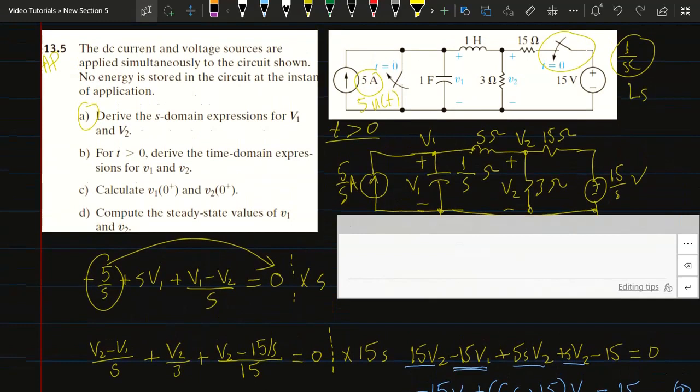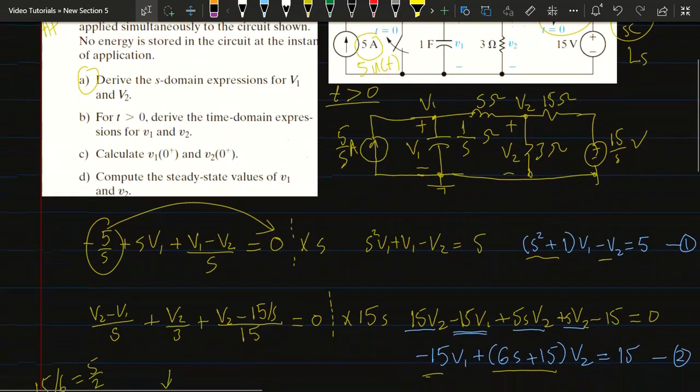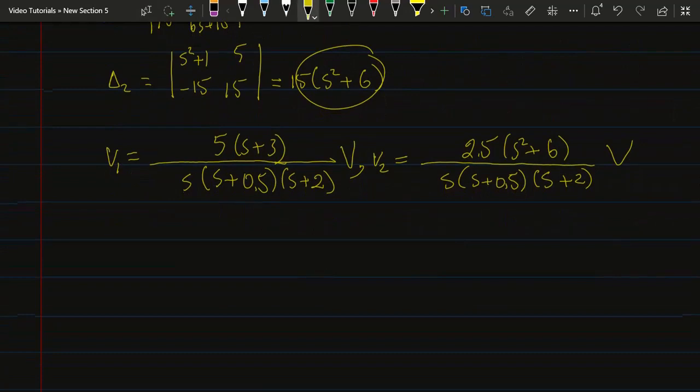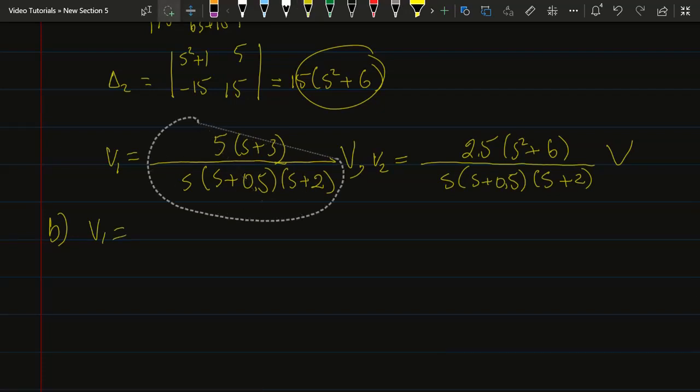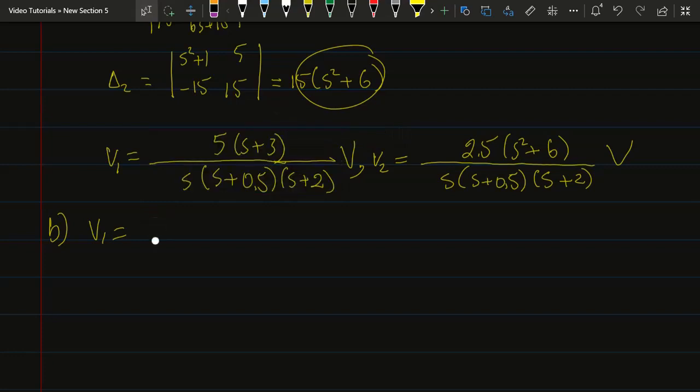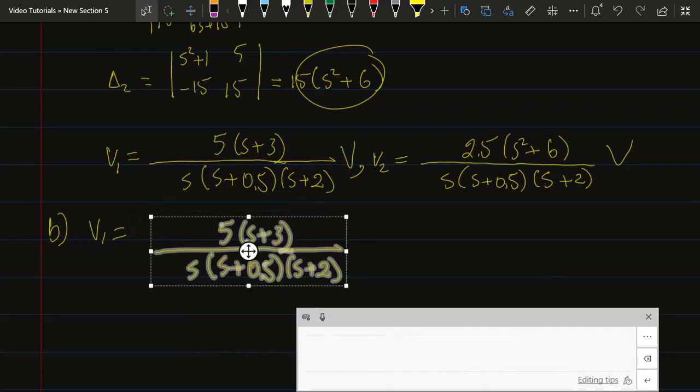Now, in the second part, it's asking that I find V1 and V2 in time domain. That's part B. And to do this, I need to find the inverse Laplace transform. So V1, which is equal to this, I'm just going to copy and paste in here.